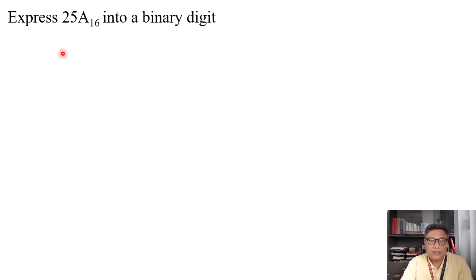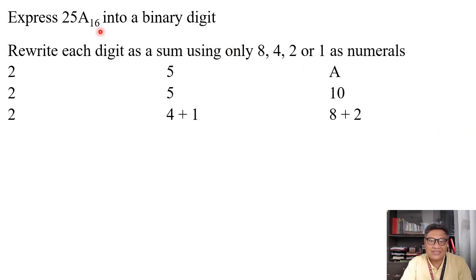Okay. So the other example is 25A base 16 into binary digits. Again, we have 3 digits here, so we have to rewrite them as a sum of 8, 4, 2, or 1 combinations. But we know that A is equivalent to 10, so we have to convert that into values.